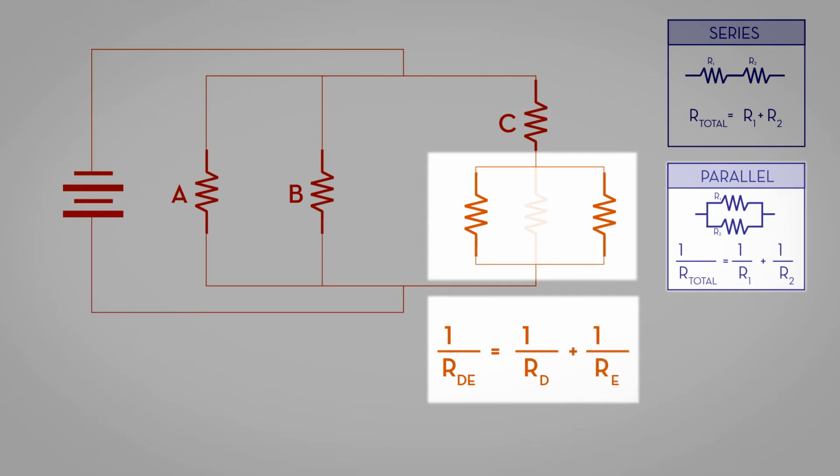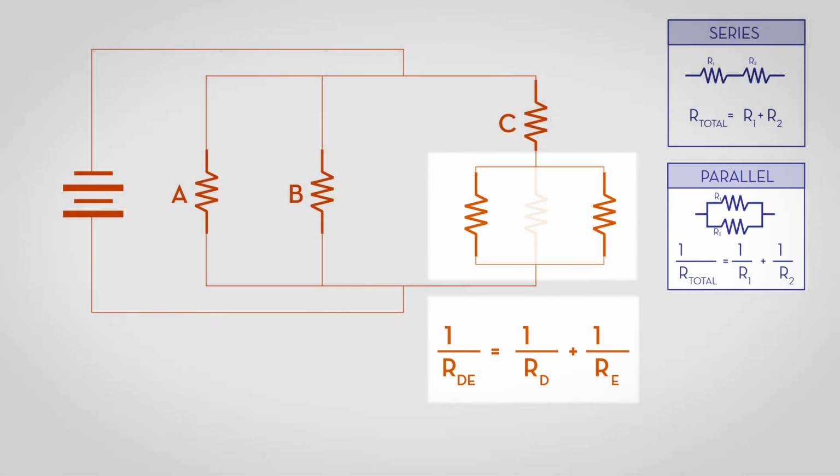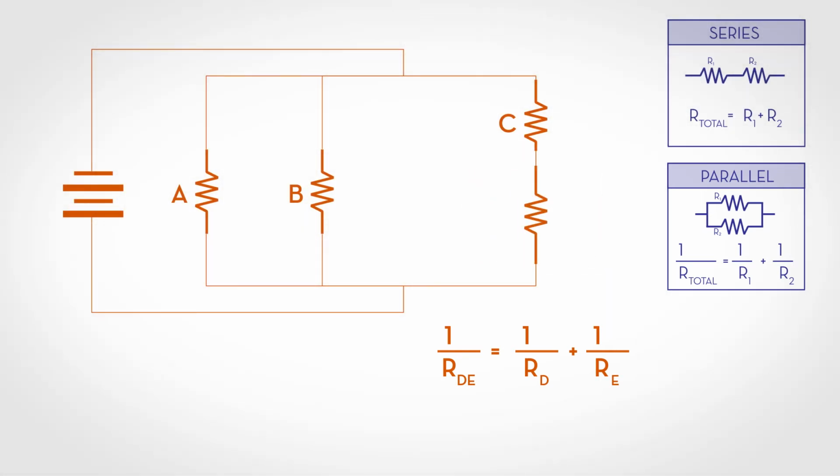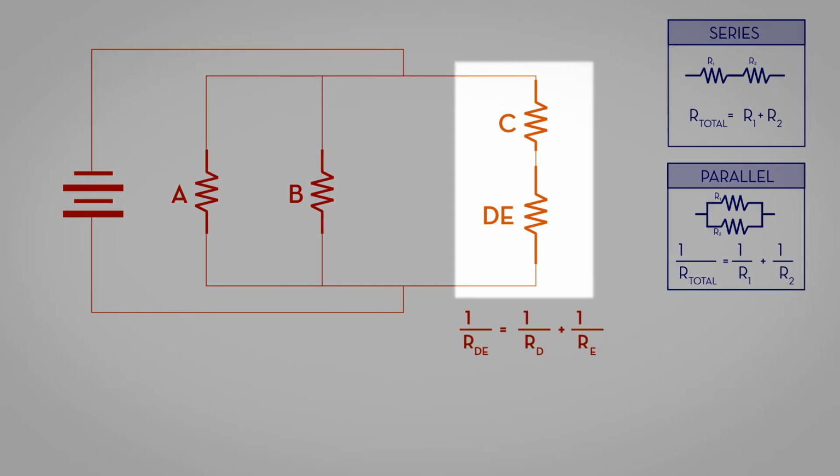And once I know that, I can go back to this diagram and just mentally get rid of D and E and replace them with this single resistor that has the same resistance as those two put together. And we just keep doing the same thing over and over. The next level up would be to combine RDE and RC into one.